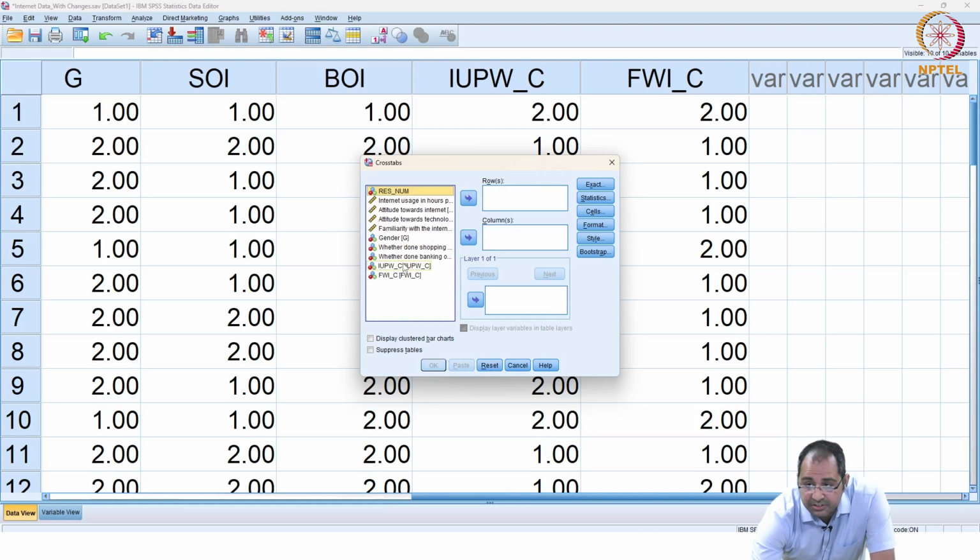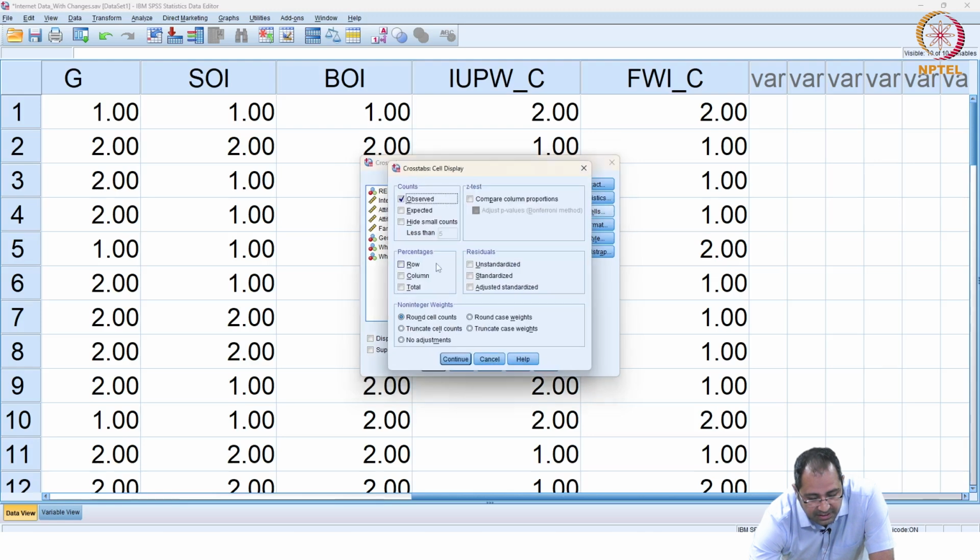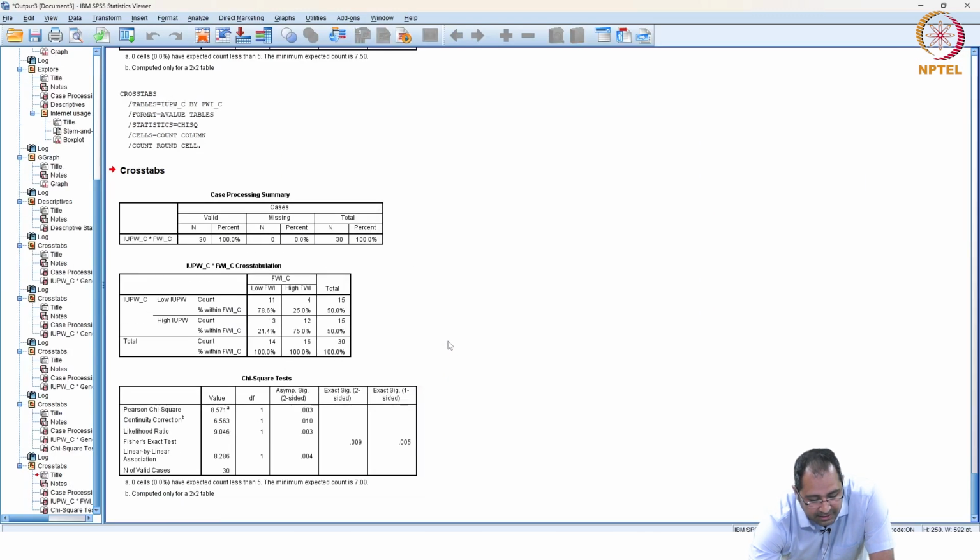Familiarity and internet usage. So familiarity will go where? Column. Row. Go to Statistics, Chi-square. Continue. In Cells, percentage is column-wise. Continue and click OK.